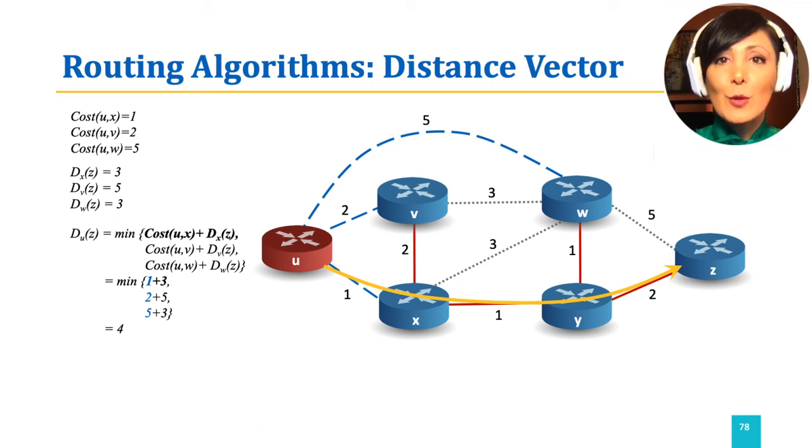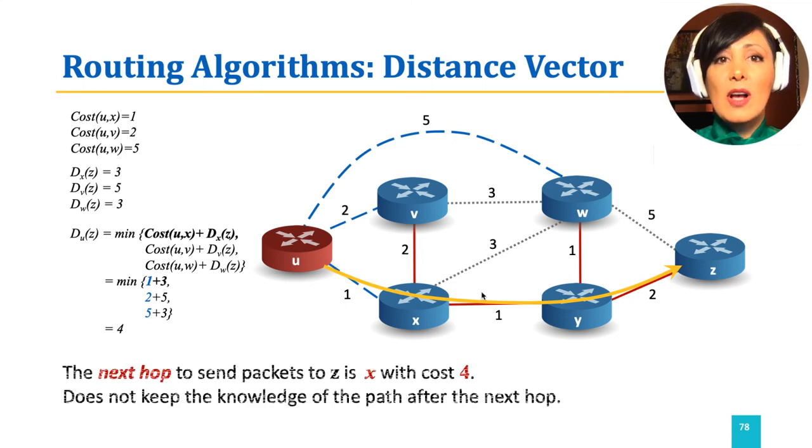Therefore, node U will record that the next hop to send packets to Z is X with cost 4. It does not have any knowledge of the path other than the next hop.